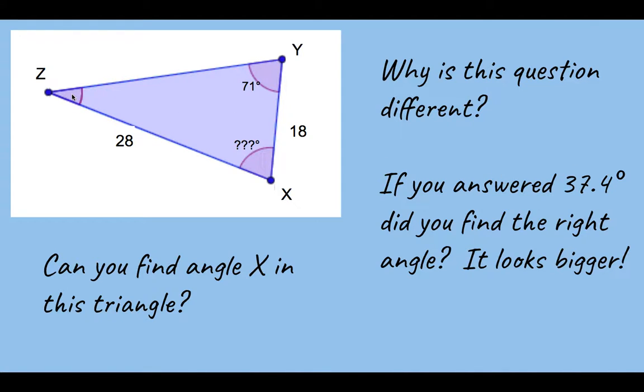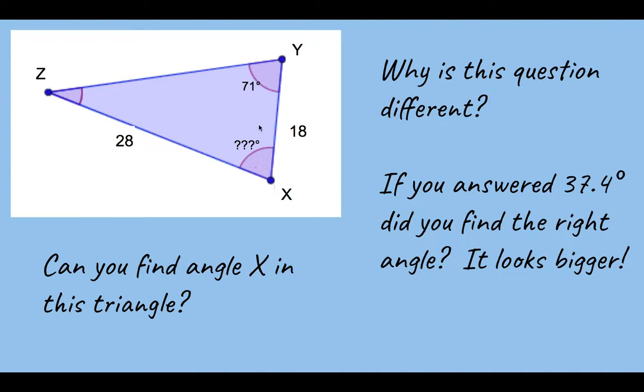Because you've gone sine A over 18 equals sine 71 over 28. And what you've actually done is found this angle, angle Z, because that looks as though it's 37.4. Okay, so this angle is 37.4, but we don't want that angle.